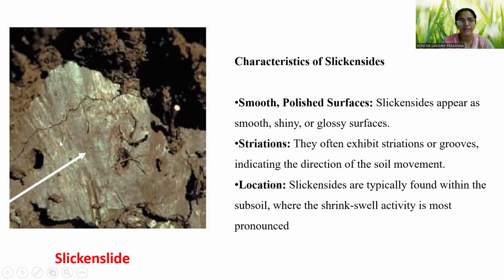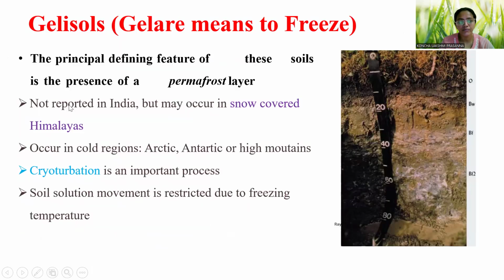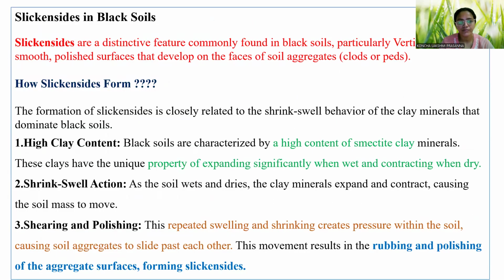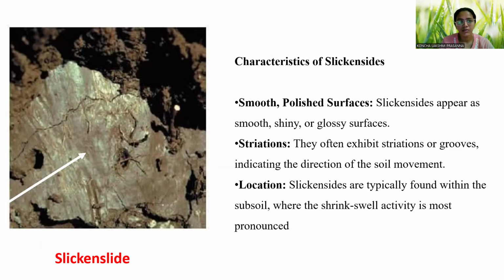Here you can see the diagram: when pressure is created between the swelling and shrinkage of clay, the soil aggregates slide past over each other, causing shining, which represents polishing, known as slickensides.